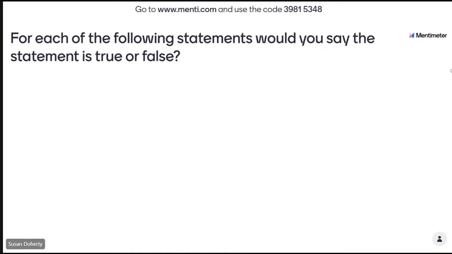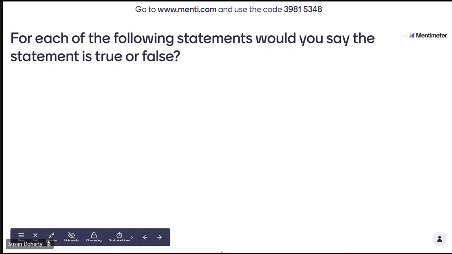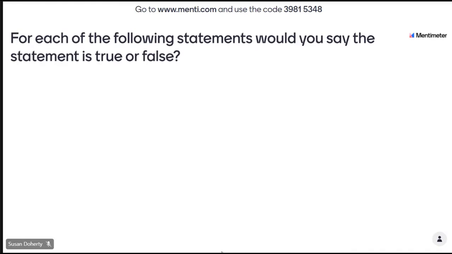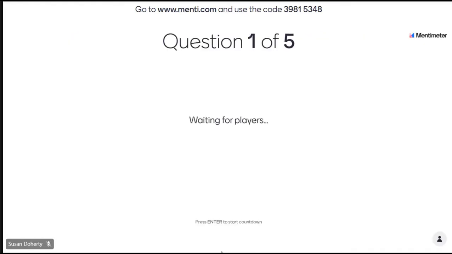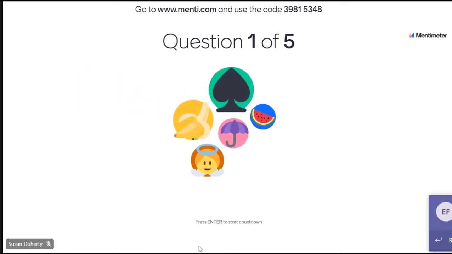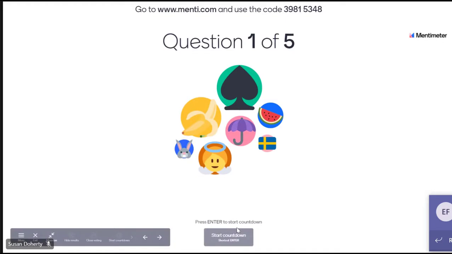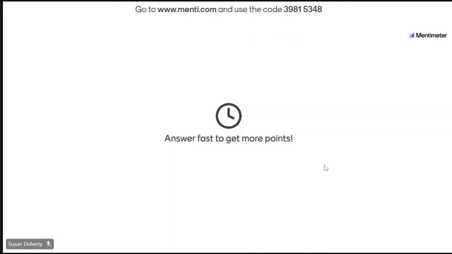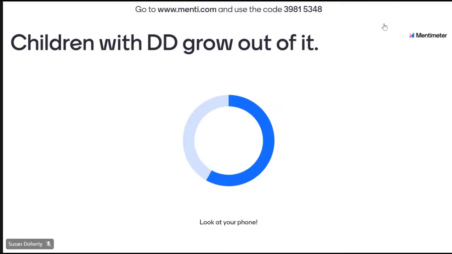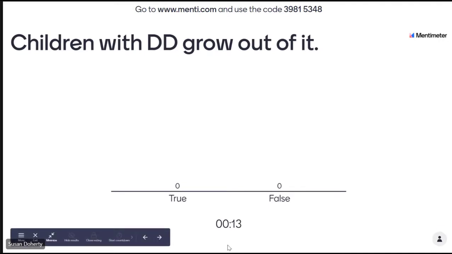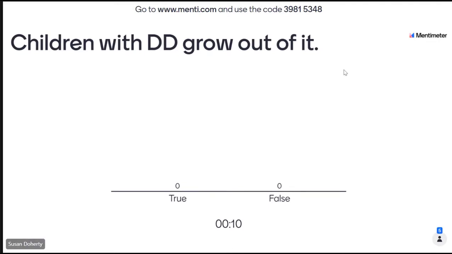Okay, thank you. So I would like to know a little bit more about what you think of the following statements, whether they are true or false. The first one, for example: children with developmental dyscalculia grow out of it.